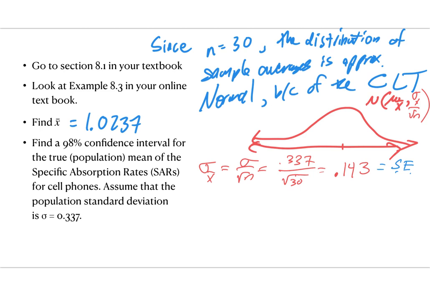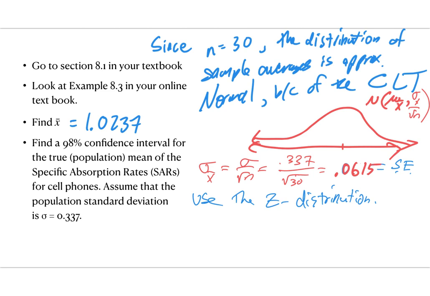So we have my justification that it's normal. I have a picture of a normal curve. I know the standard deviation of that normal curve. And then I need to figure out which distribution I'm using. I will use the Z distribution. So clarification, this is actually supposed to be 0.0615.